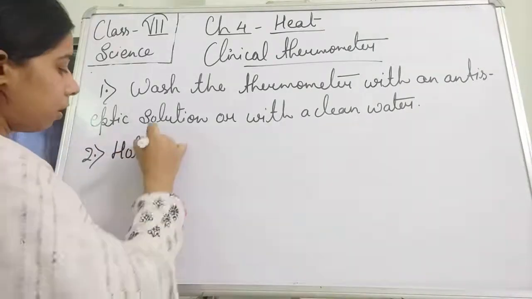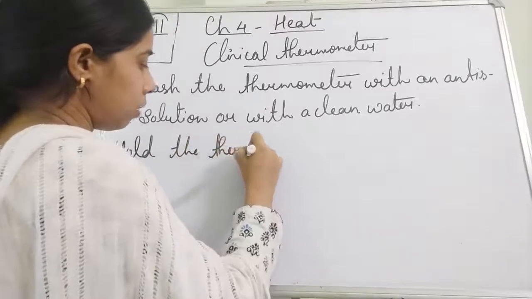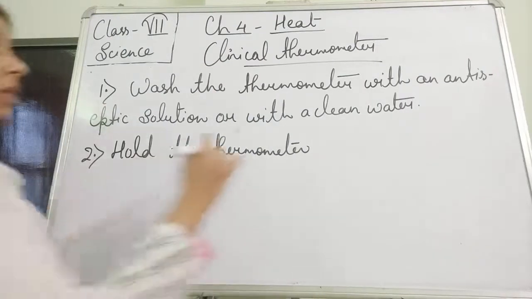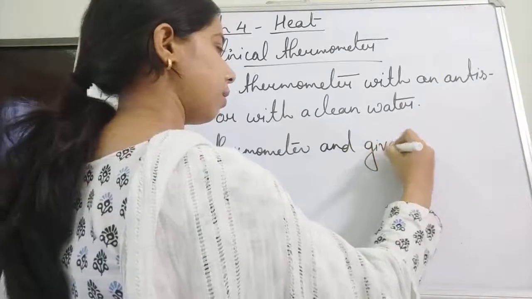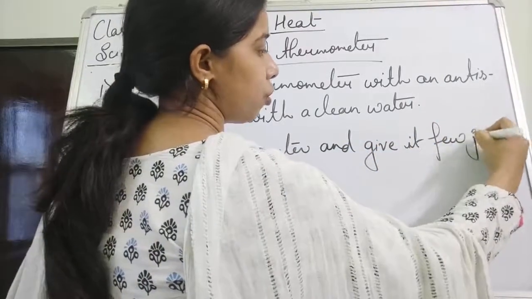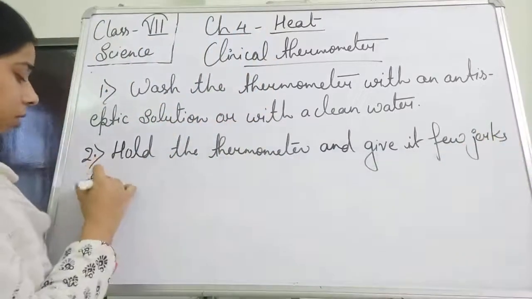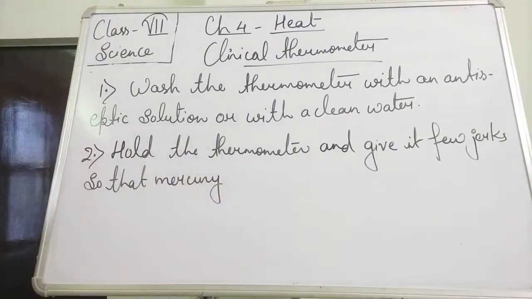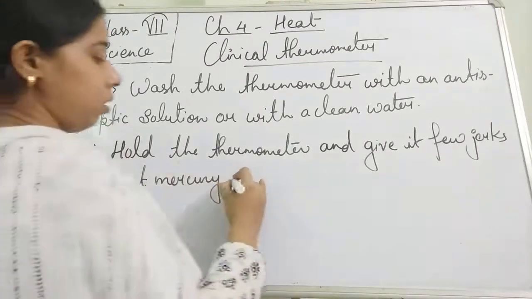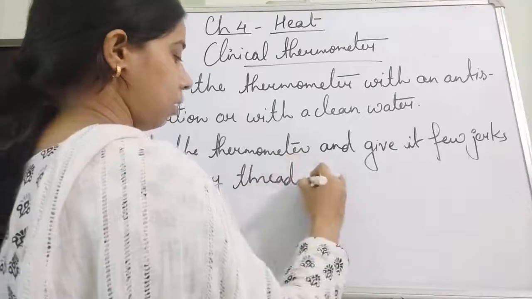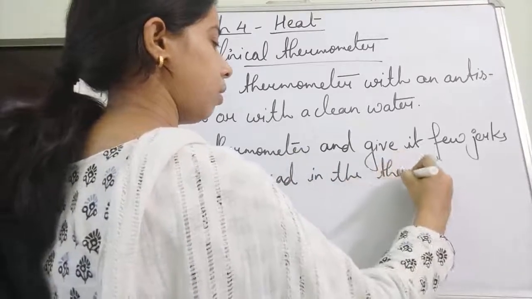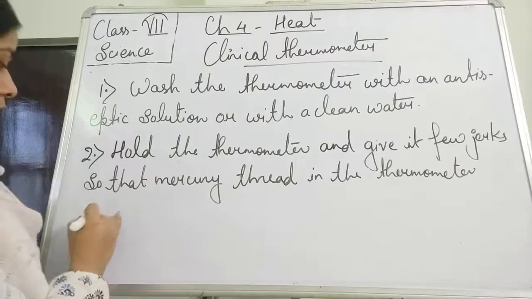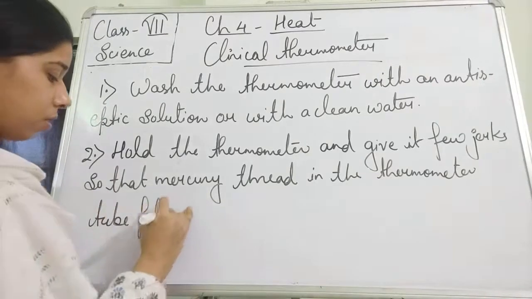So, hold the thermometer and give it a few jerks so that the mercury thread in the thermometer tube falls below.